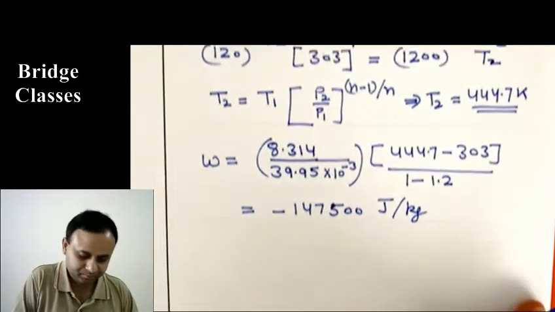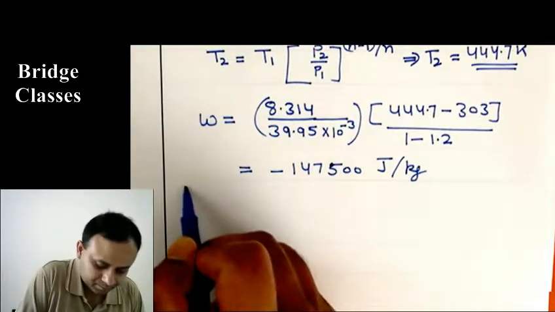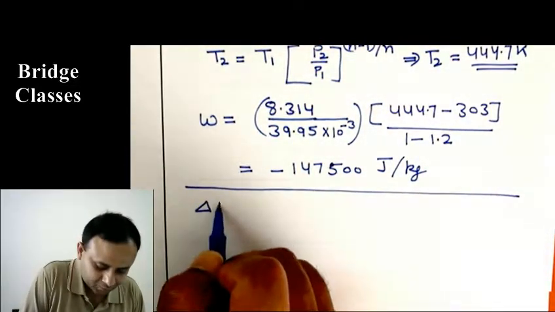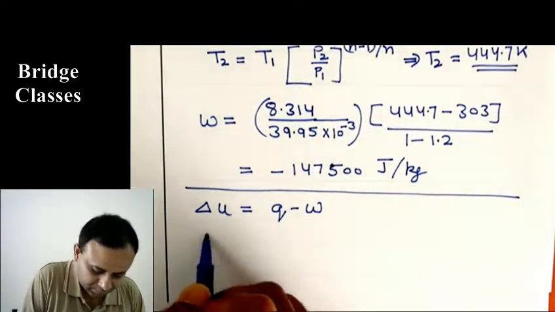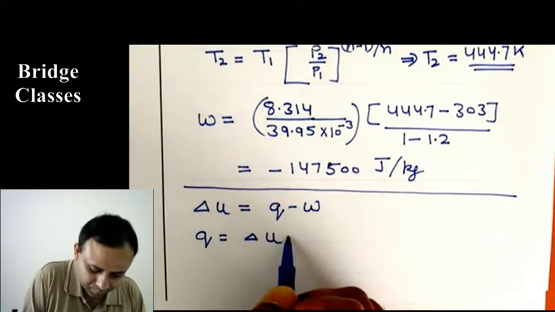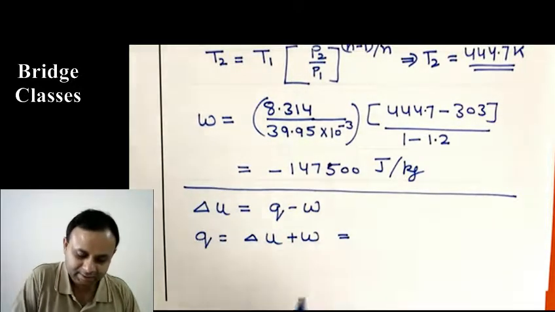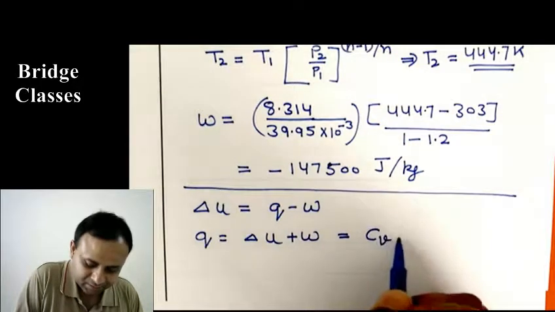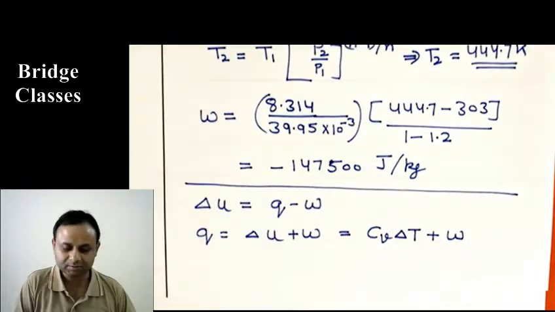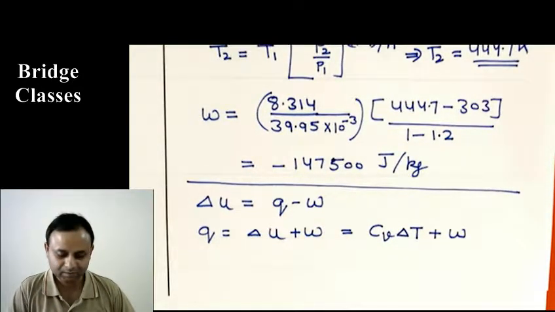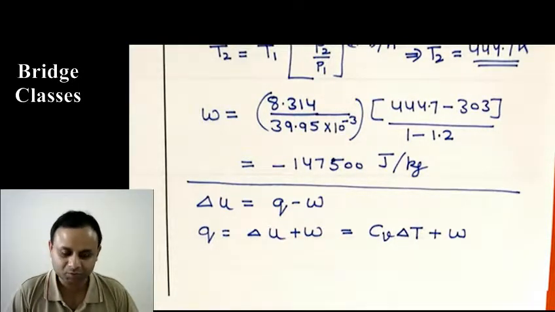That is work. Now we have to determine heat transfer also. For that we apply the first law, which is delta U is Q minus W. So Q is delta U plus W. W we already have, and delta U, it's an ideal gas, so delta U will be Cv delta T. Argon is a monoatomic gas.